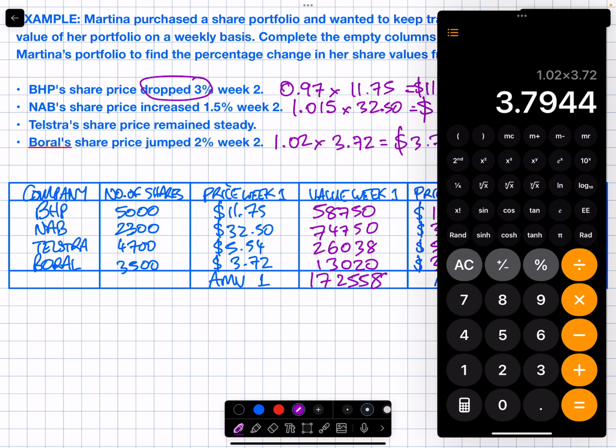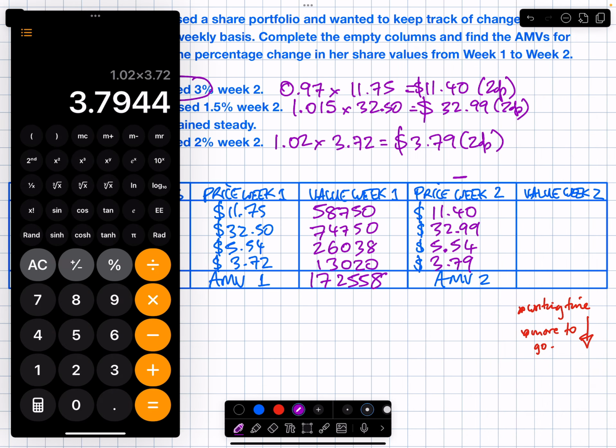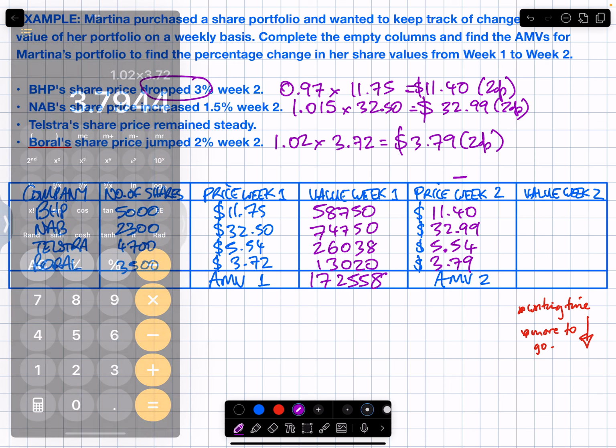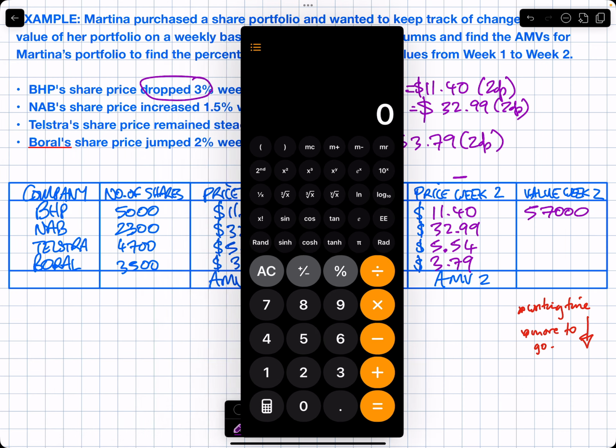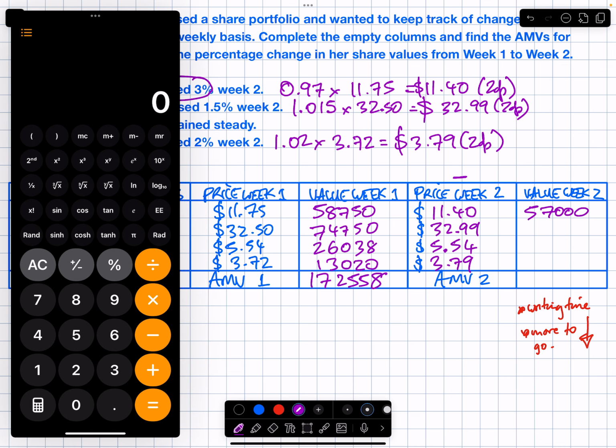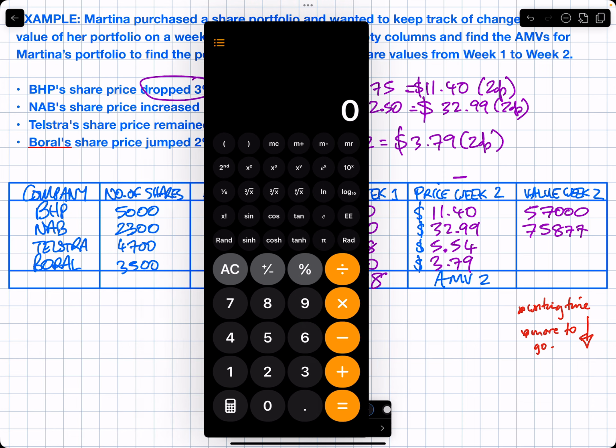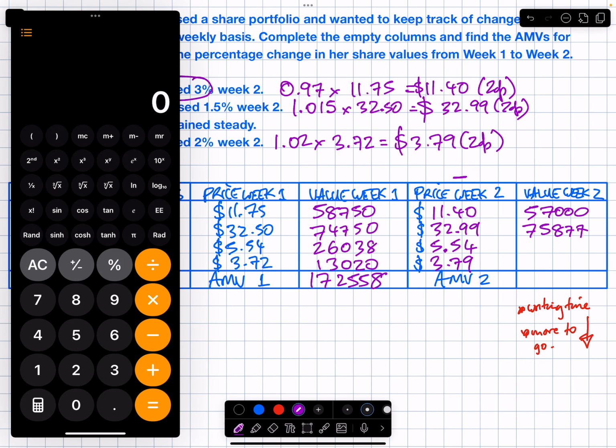So we can put these numbers into the table, the index. We can find the values. Calculator over this side, 5,000 times $11.40, 57,000. I think the next was 2,300 times $32.99, 75,877. We have 4,700 times $5.54, 26,038.